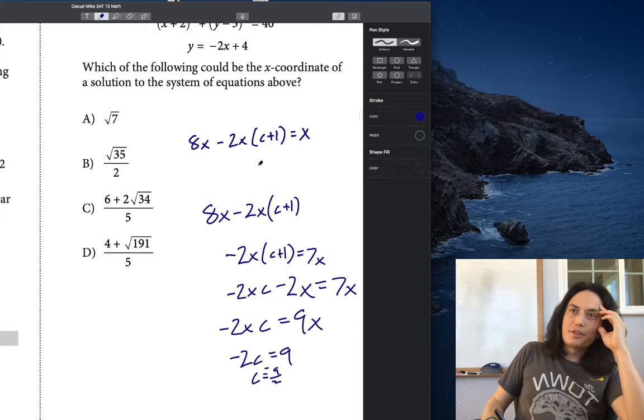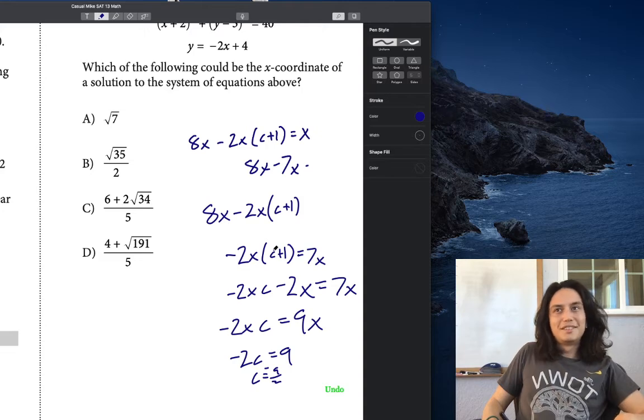My logic was that this 2x times c plus 1 equals 7x, and that 8x minus 7x is x. I mean, that sounds right so far.